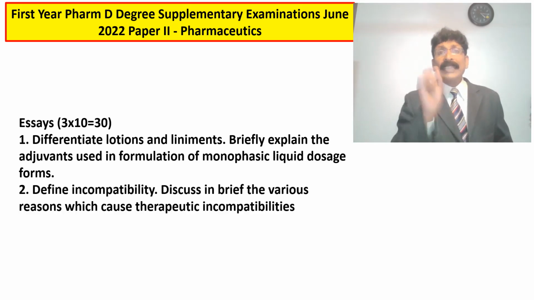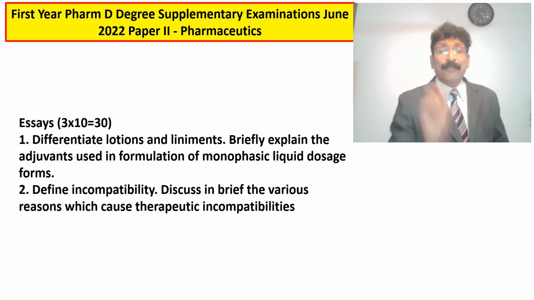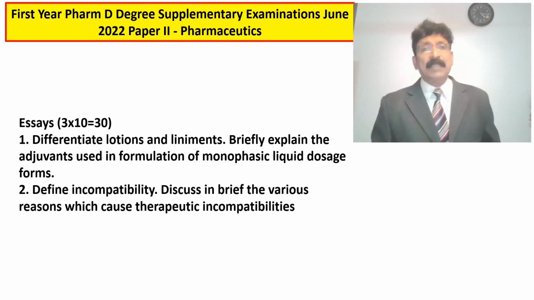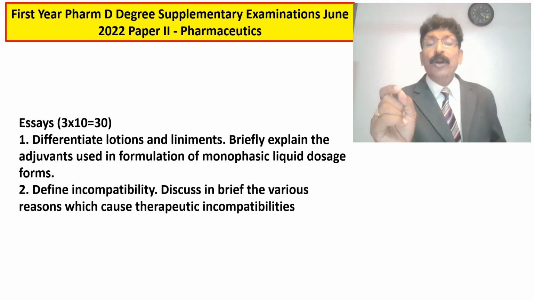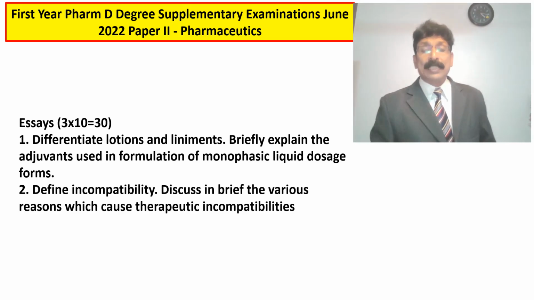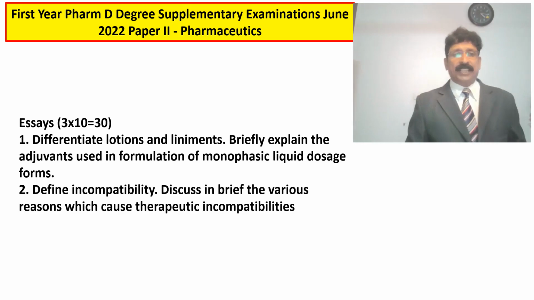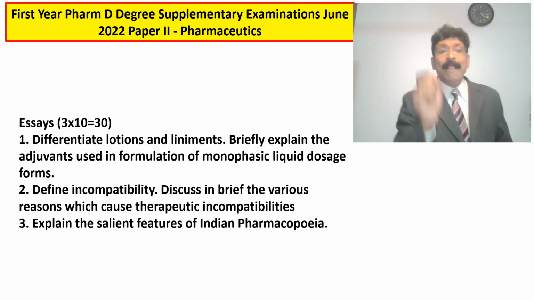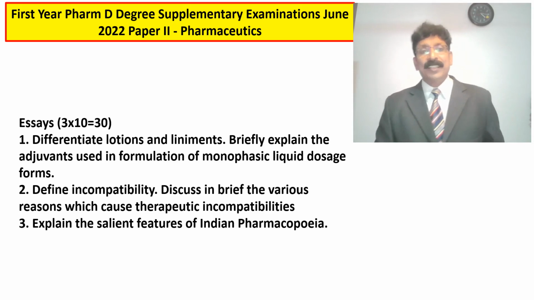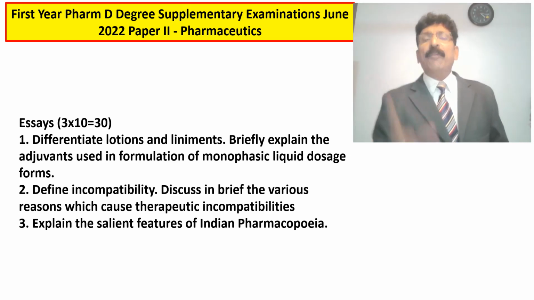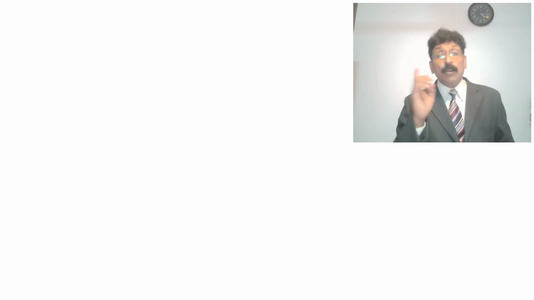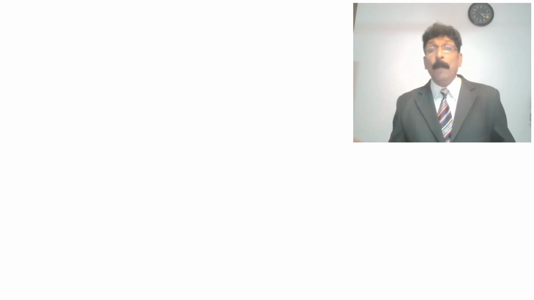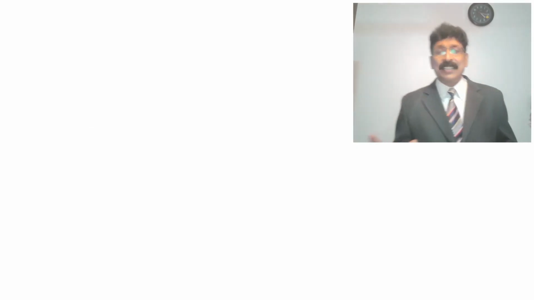And the second 10-mark question they have asked is define incompatibility, discuss in brief the various reasons which cause therapeutic incompatibility. And the third 10-mark question is explain the salient features of Indian pharmacopoeia. A 10-mark question, imagine. So you should know about basic pharmacopoeias, what its content is and how it is formed, the society formed, all these things they have asked in the 10-mark question.